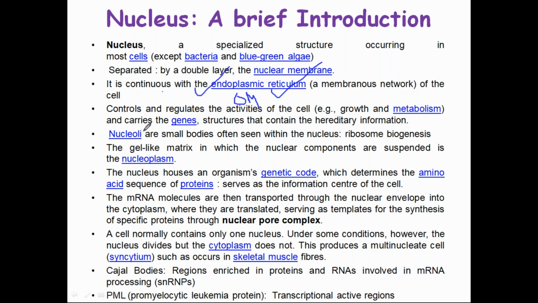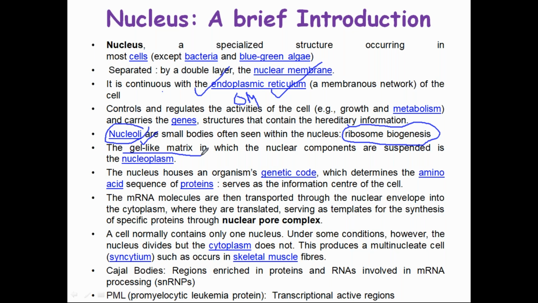Also, you can see there is something called the nucleolus. I have told you what this is. It is the largest organelle in the nucleus, and its main function is ribosome biogenesis. It makes the ribosomal subunits, 50S, 30S, 40S, 60S, whatever the ribosome subunit is.